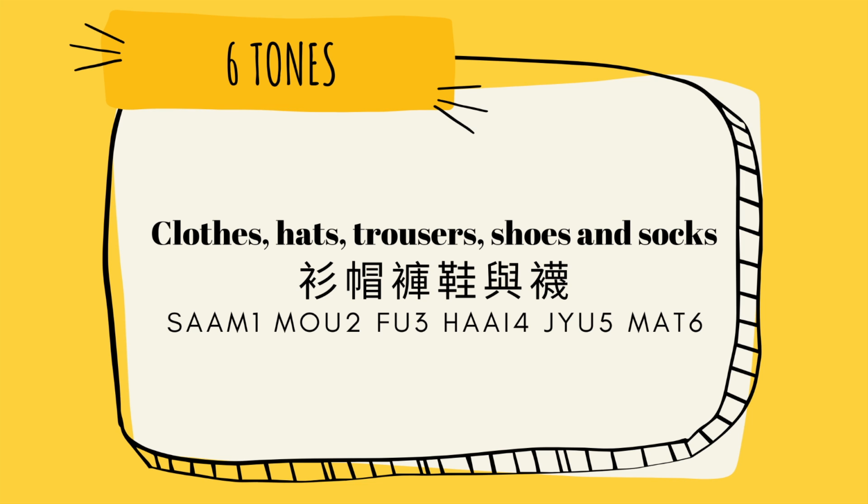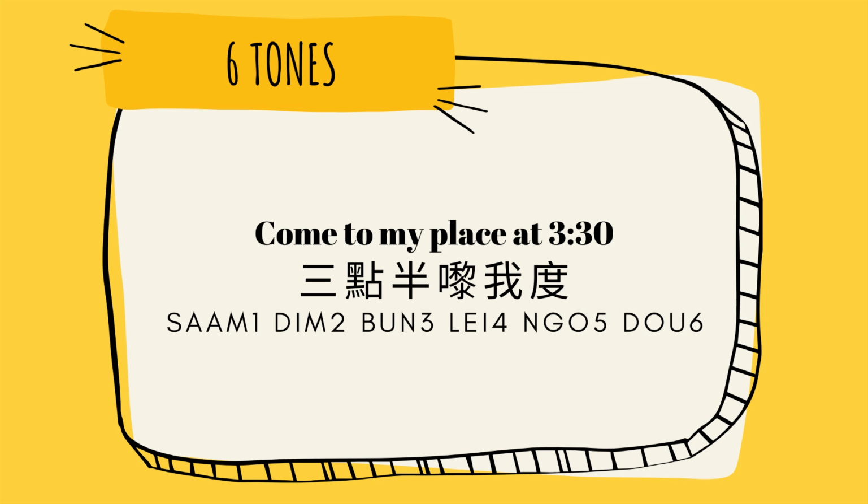In Cantonese would be 衫、帽、褲、鞋、語、襪。Faster version would be 衫、帽、褲、鞋、語、襪。Second sentence: come to my place at 3:30.